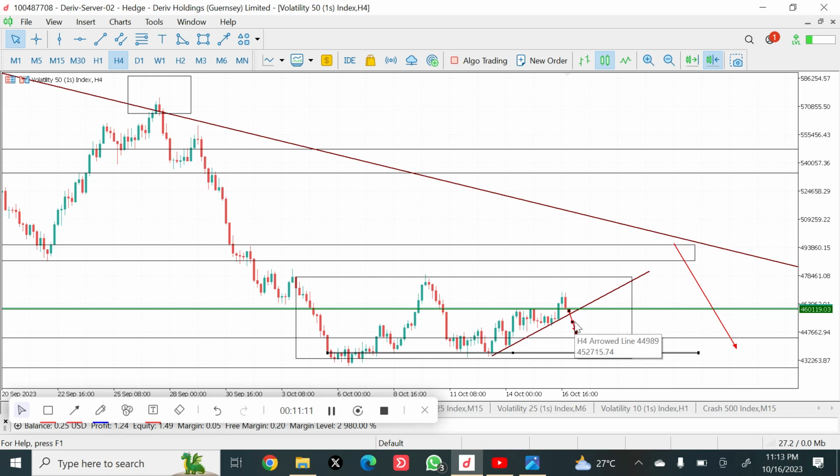So I'm hoping that this area will hold so that we go for that retest proper in order to get the sales to the downside.